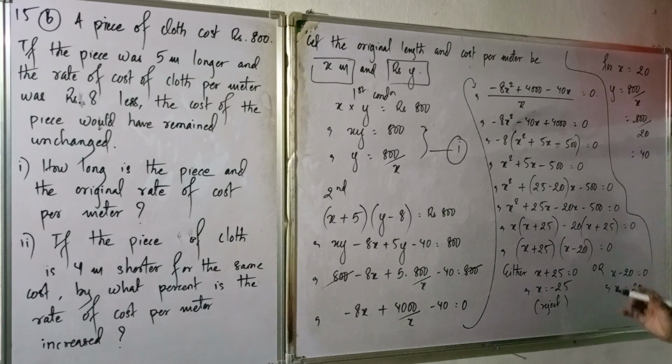Okay, so this x represents the length and y represents the cost per meter. So from that we can conclude.